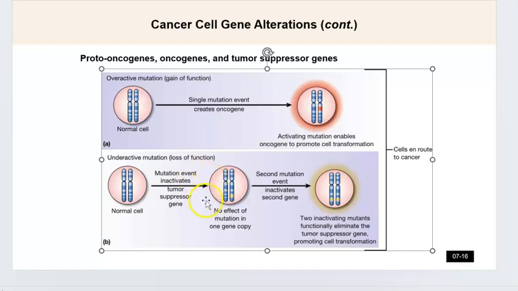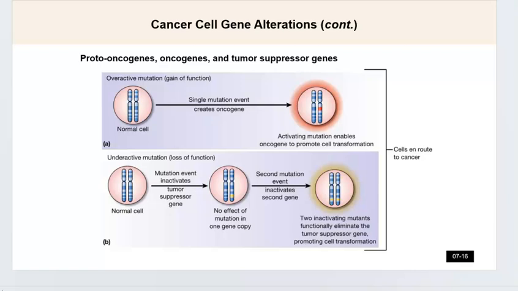It doesn't affect one copy here, but it affects the other copy. And if a second mutation event occurs, it will inactivate the second gene as well. So now you have two inactivated mutants that functionally eliminate the tumor suppressor gene, promoting cell transformation. So these are the two paths by which cells most typically become cancer cells.